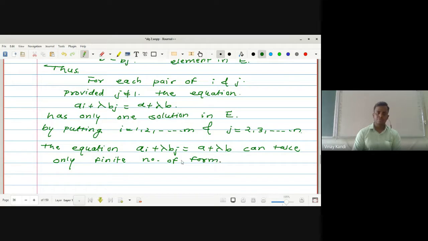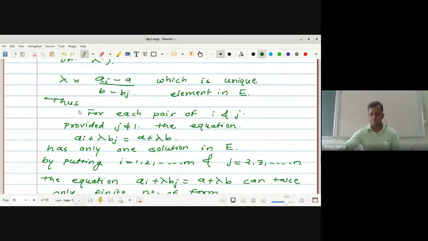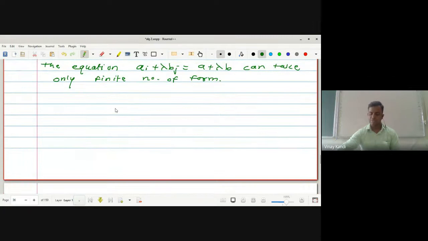Okay, if we run this i and j, we get a finite number of forms of lambda. What is lambda? This one, ai minus a and b minus bj. Running i from 1 to m and j from 2 to n, we get a finite number of lambdas. Okay, finite number of forms.